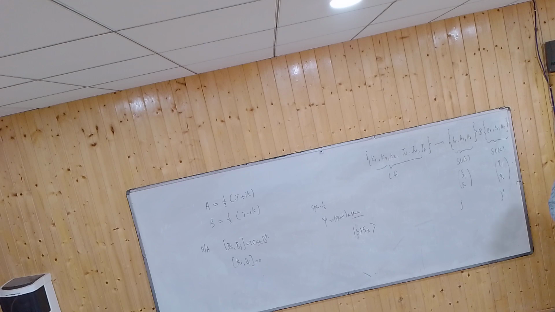So the generators A will act on a state which is assigned a quantum number J, an angular momentum quantum number, and the generators B will act on a state defined by an angular momentum quantum number J prime.